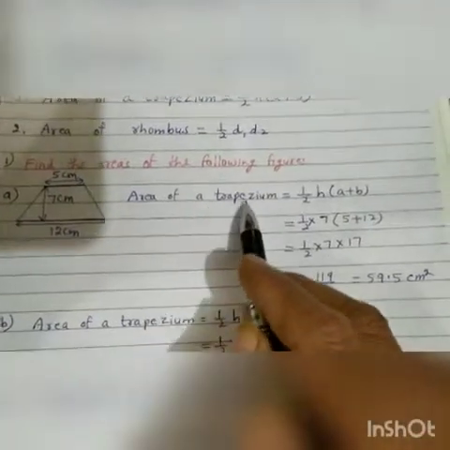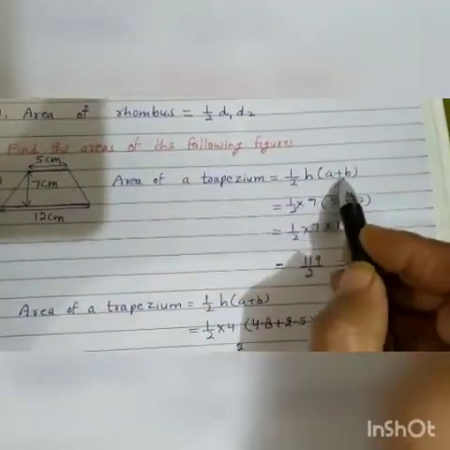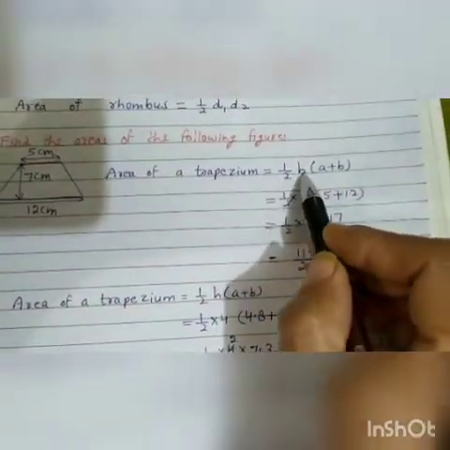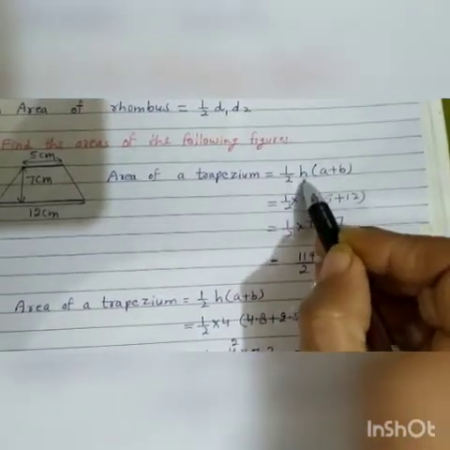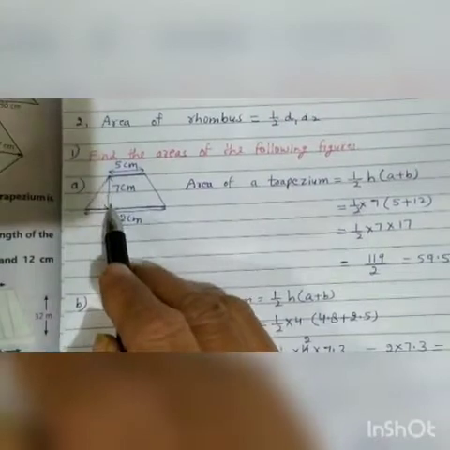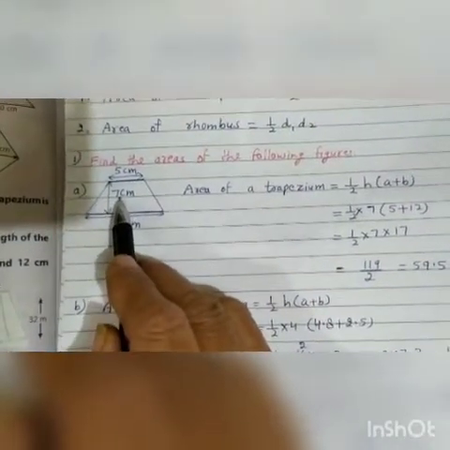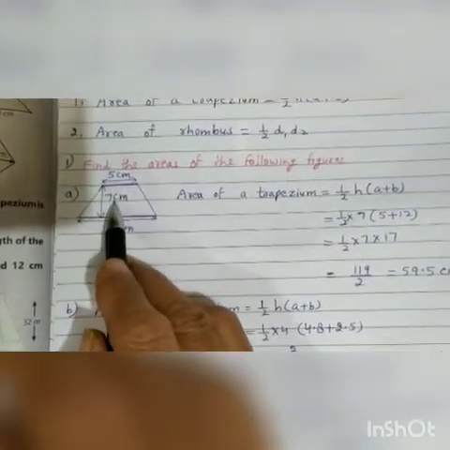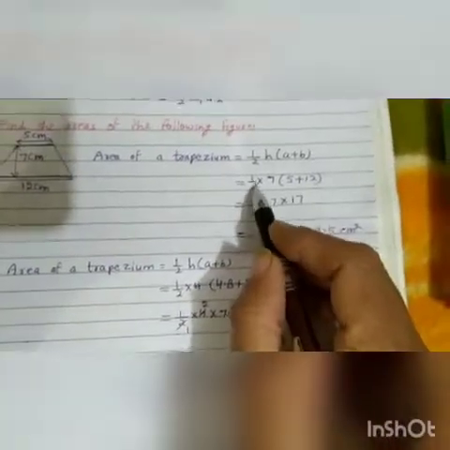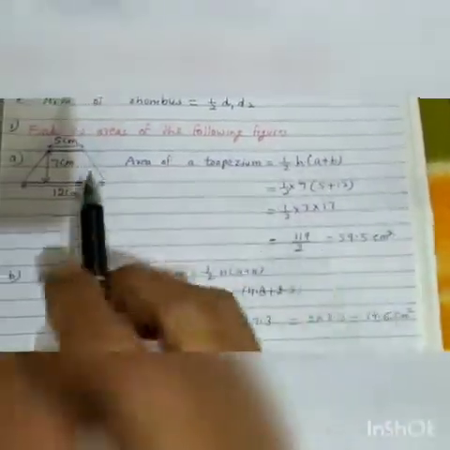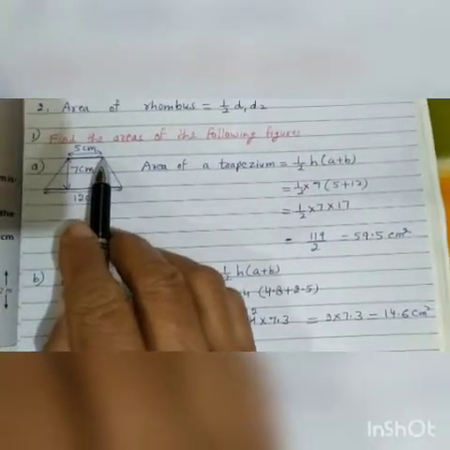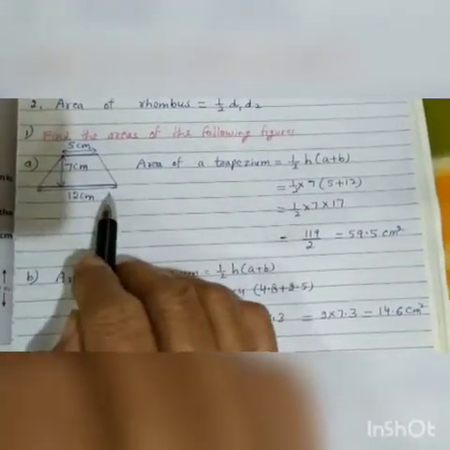So area of trapezium is equal to, first we will write the formula, 1 upon 2 h (a plus b). What is h here in the figure? 7 centimeter. Height of the trapezium is 7 centimeter. So 1 upon 2 into 7, then bracket, first parallel side is 5 centimeter and second one is 12.